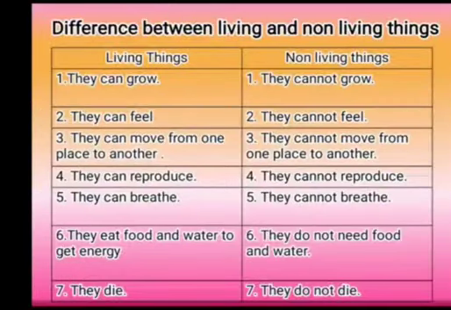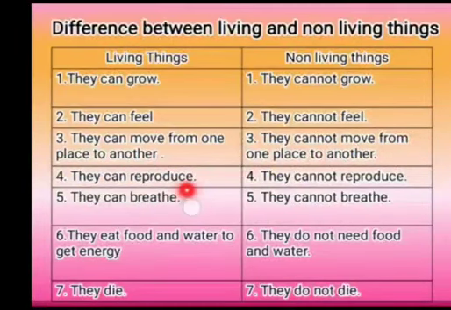Now you can differentiate between living and non-living thing very easily. Living things can grow and non-living things cannot grow. Living things can feel, non-living things cannot feel. Living things can move from one place to another. Non-living things cannot move from one place to another.